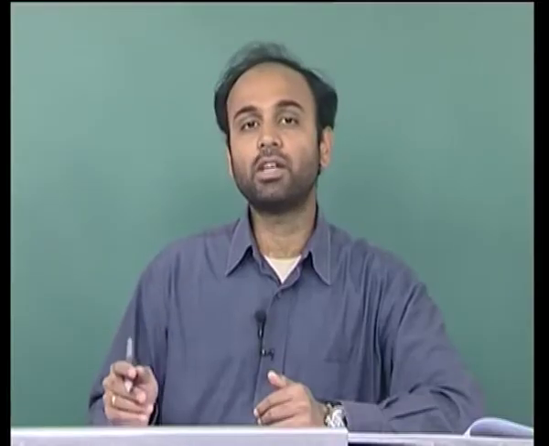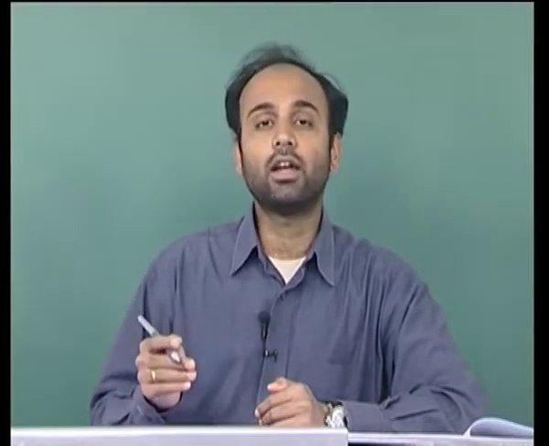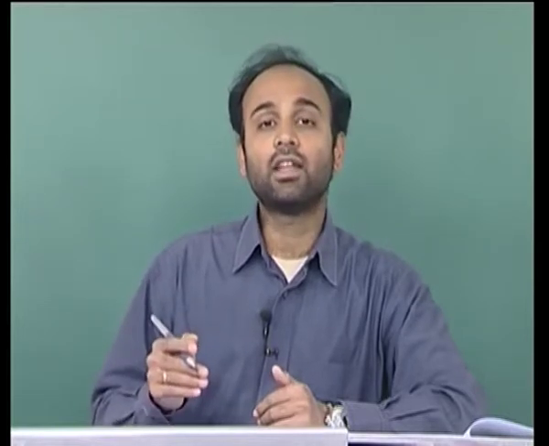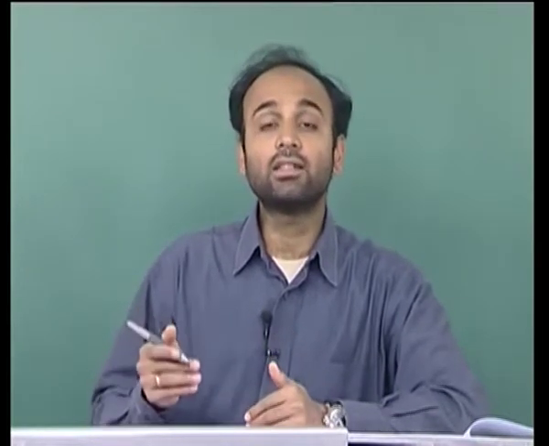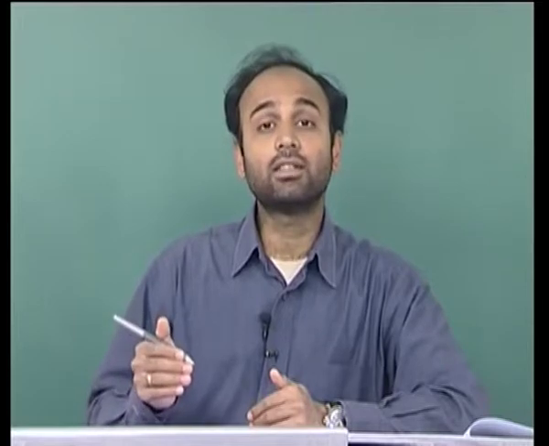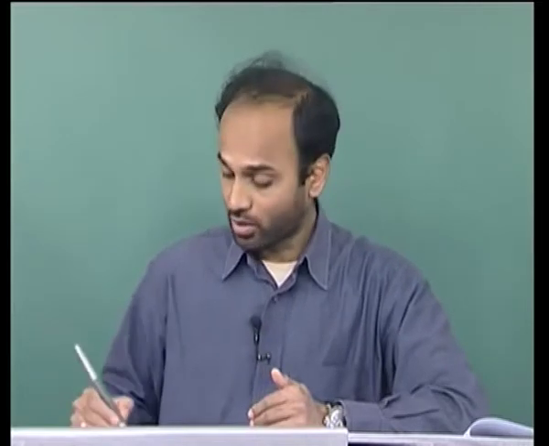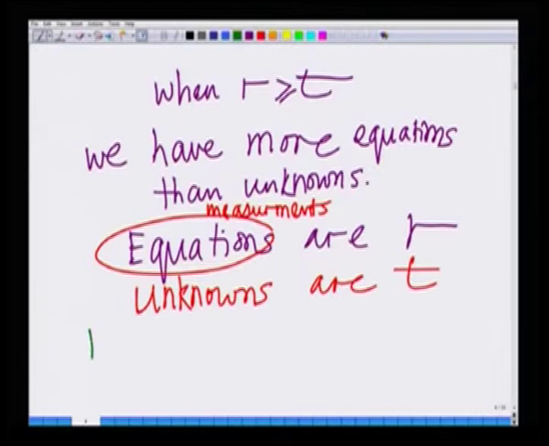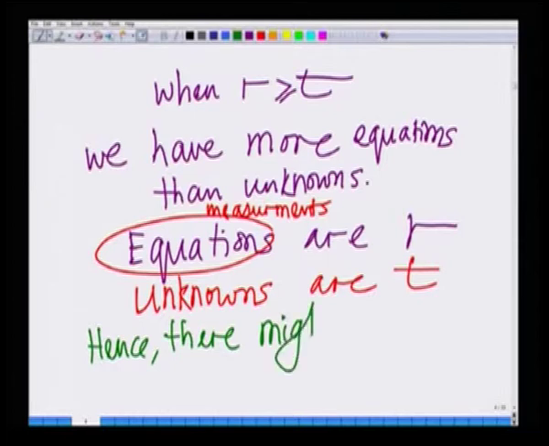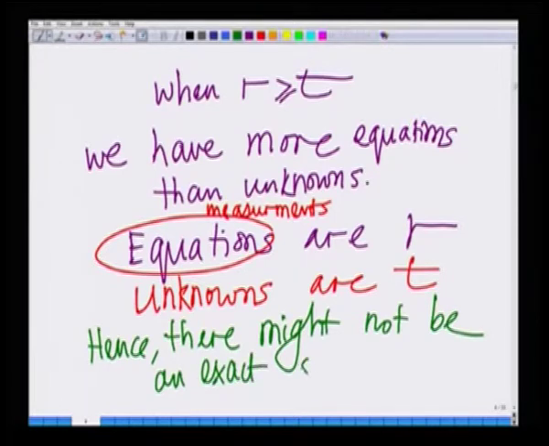We have R measurements, but we have only T unknowns, the T transmit symbols. Hence, we have more equations than unknowns. Hence, this system might not have an exact solution.